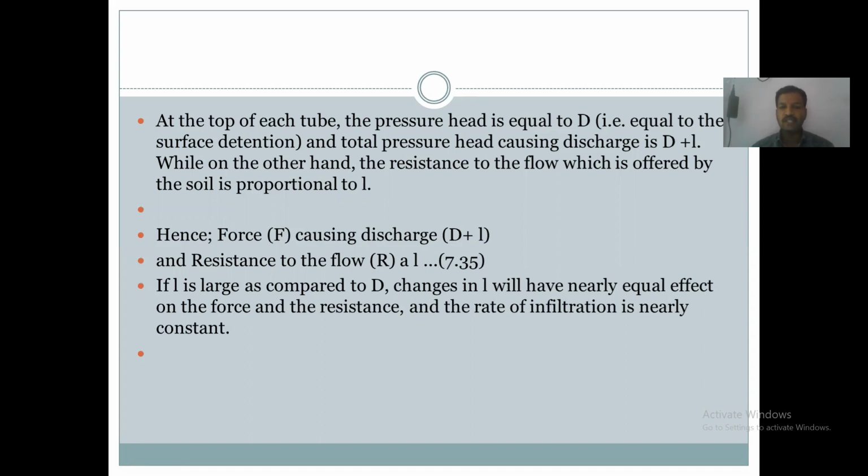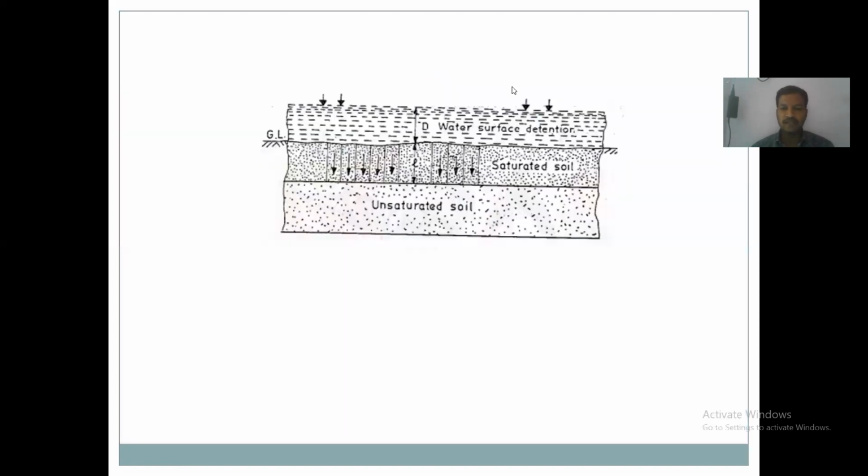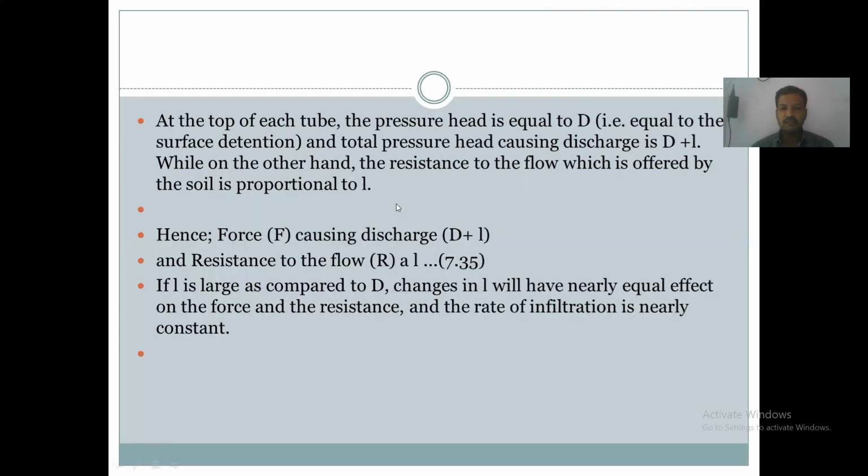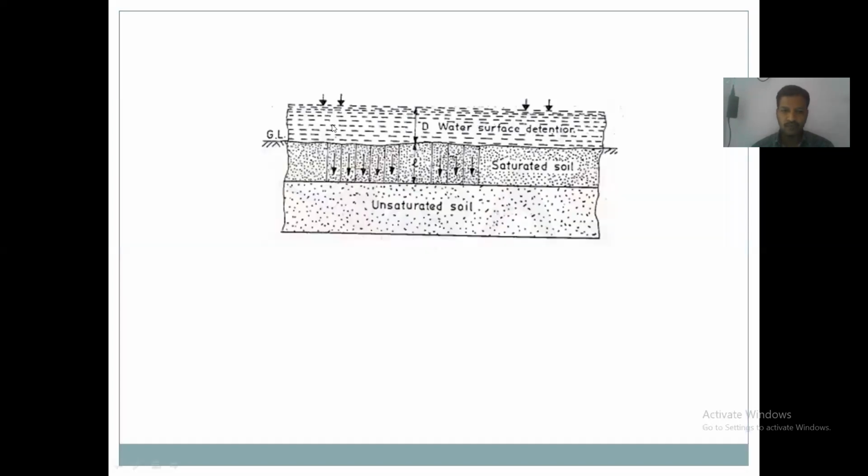The total pressure head causing discharge is D plus L. So the addition of D plus L is the total pressure head causing the discharge, so that water can flow from the top surface of the ground towards the bottom layers of the soil.